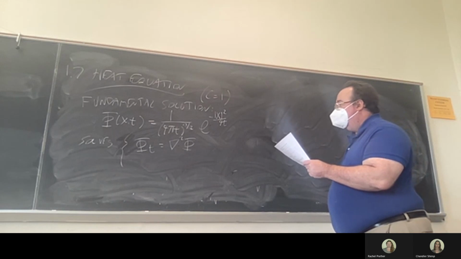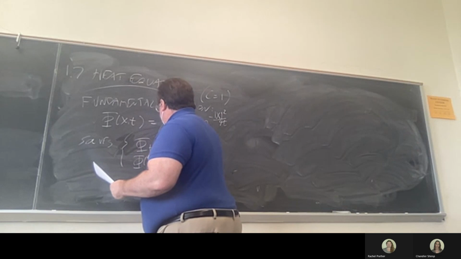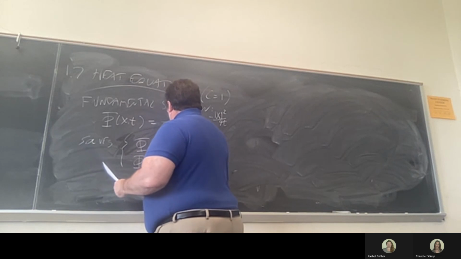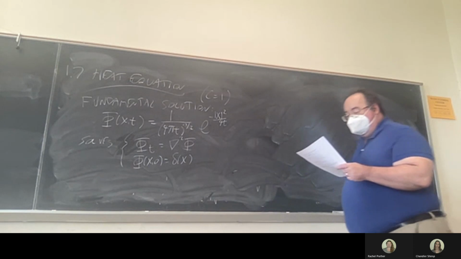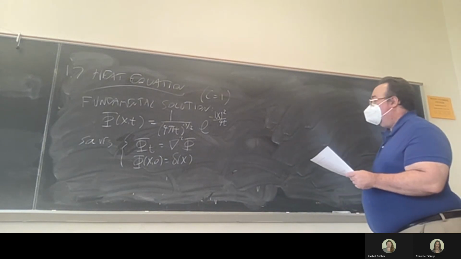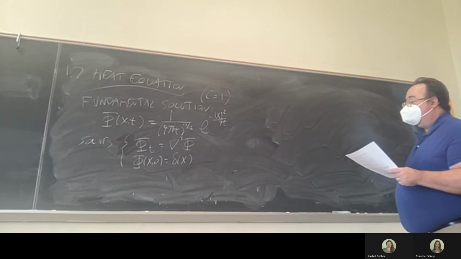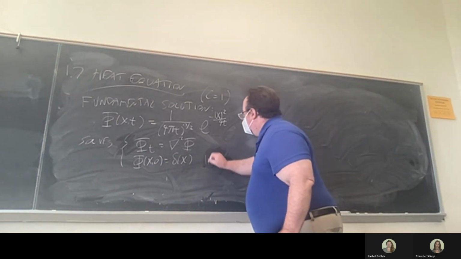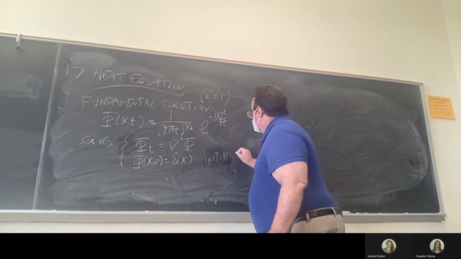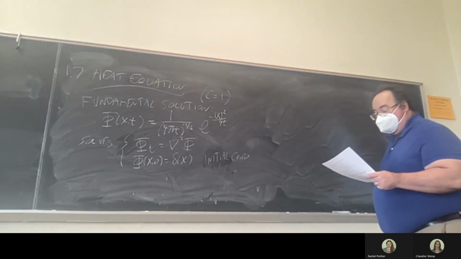And the initial data is equal to the Dirac delta function that we saw before. So this is the initial condition.